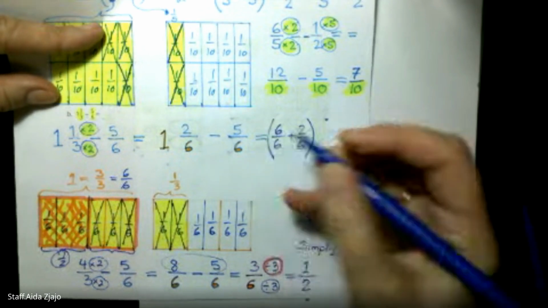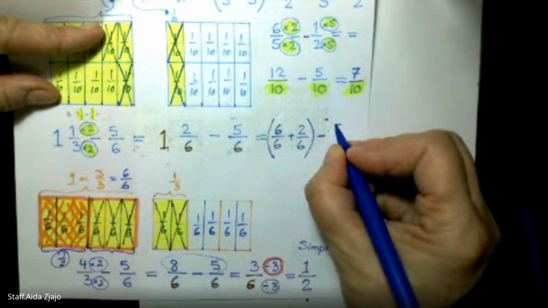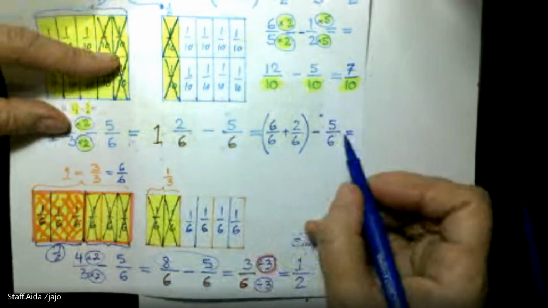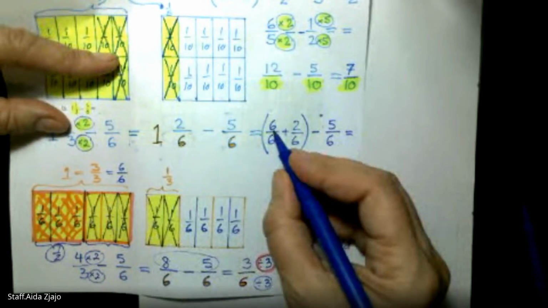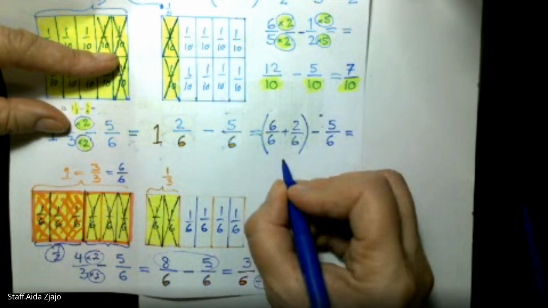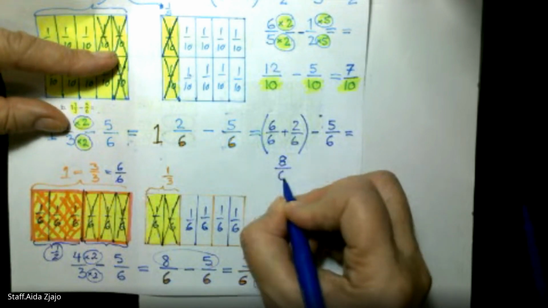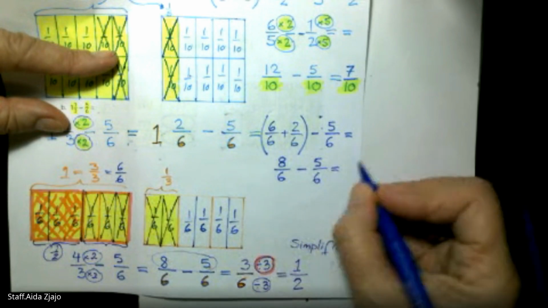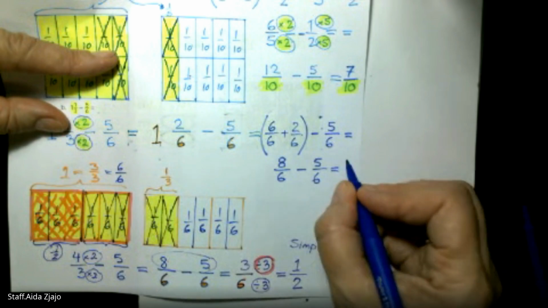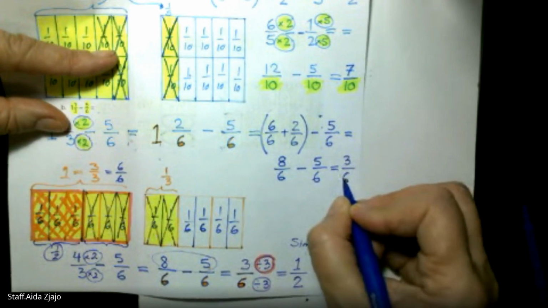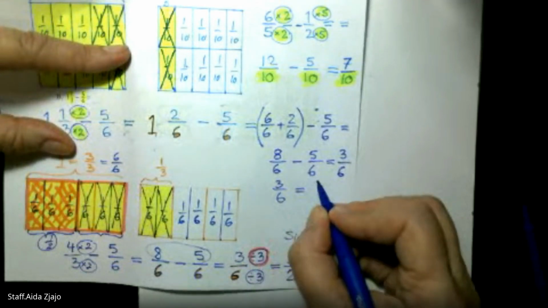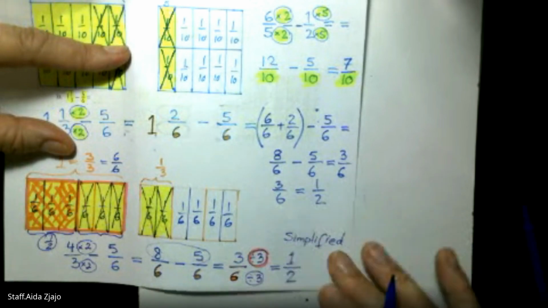Then after I have all sixths, I can subtract 5/6. So 6/6 plus 2/6 makes 8/6. Give away 5/6 equals 3/6. And 3/6 is the same as 1/2.